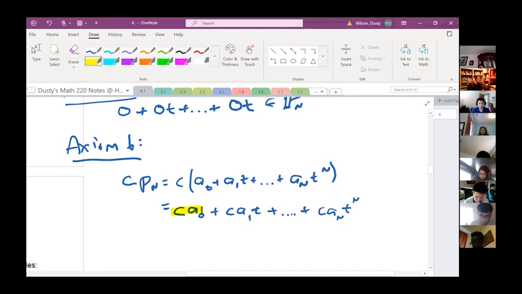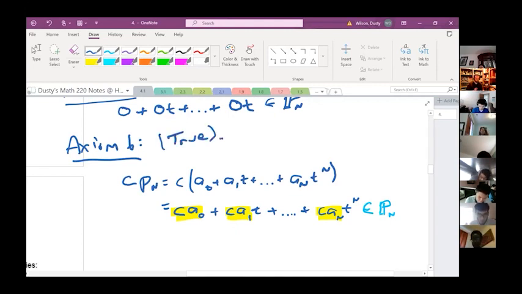And you could probably pretty easily see that all these yellow things are just coefficients on a polynomial that once again lives in Pn. So axiom 6 is also true.